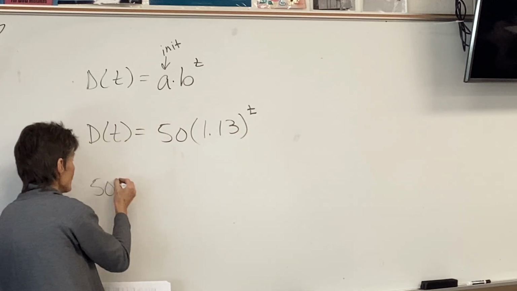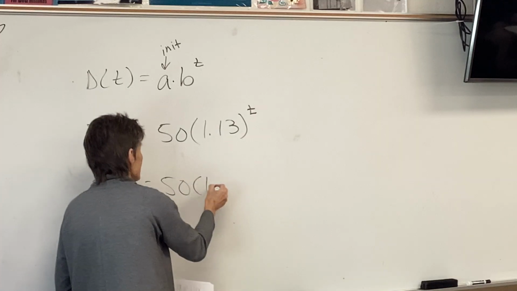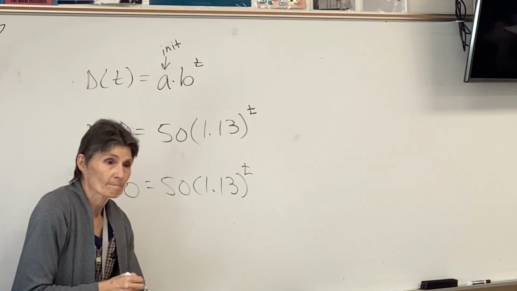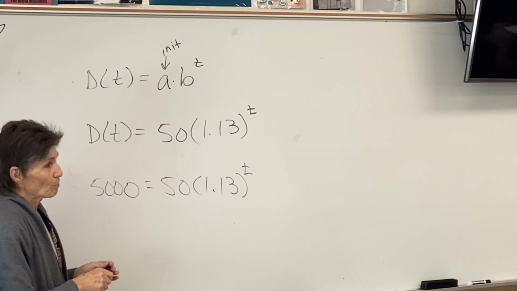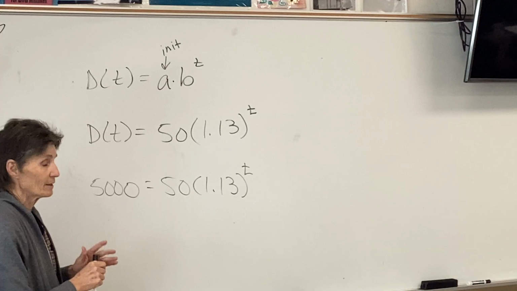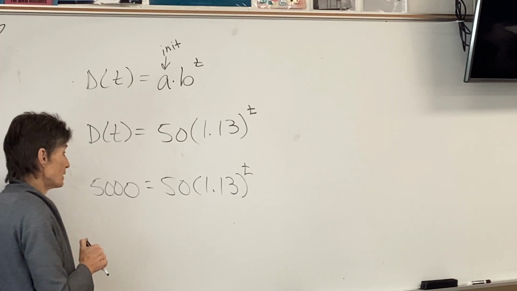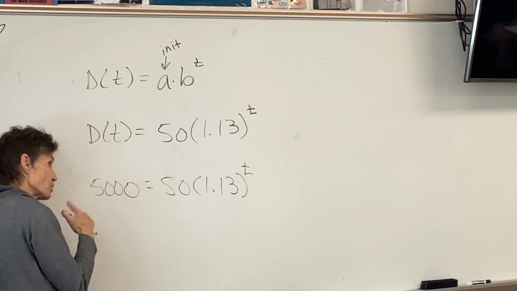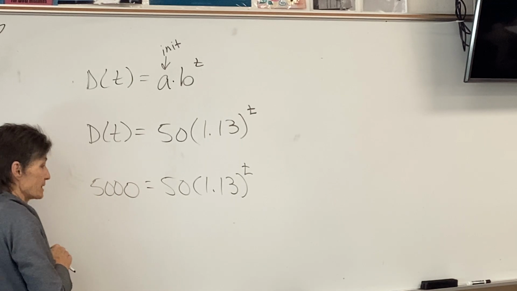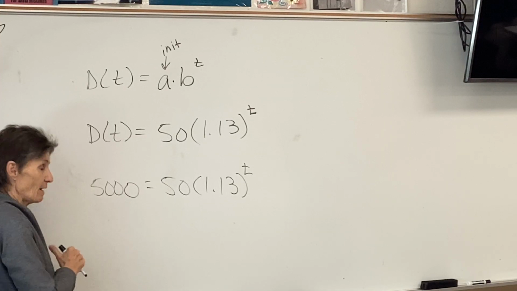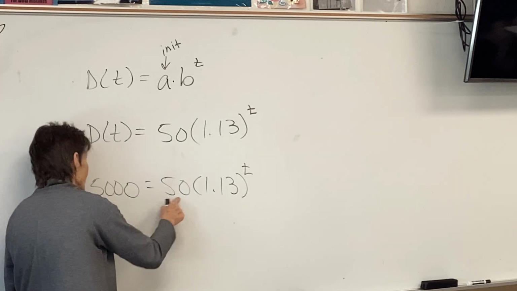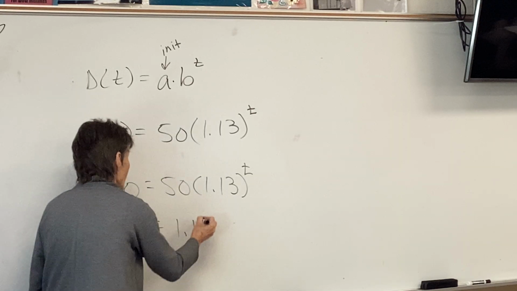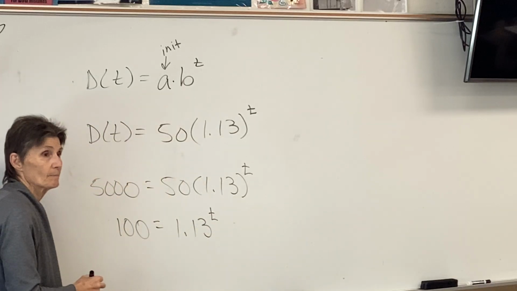So 5,000 equals 50 times 1.13 to the T. So we're going to solve this algebraically first, and then we're going to solve it graphically. If we're going to solve this without a sketch, algebraically, just algebra stuff, what would be the first step? Divide by 50. You always want to divide by 50. Get rid of that. And this one works out nice. So we have 100 equals 1.13 to the T.